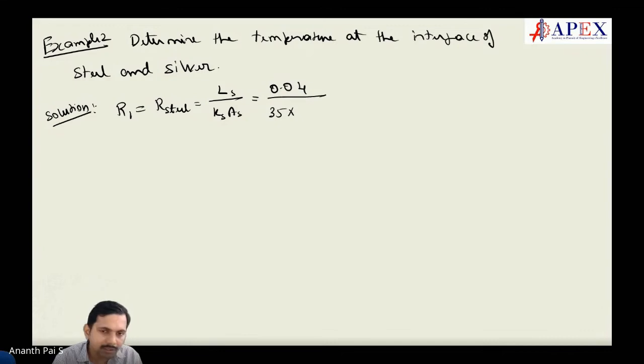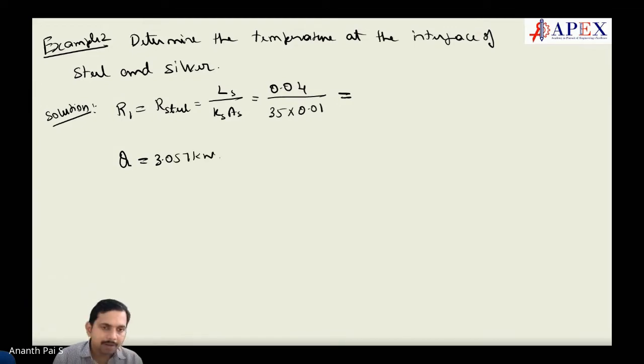What is the area? 0.01. So you get the resistance of the steel, right? Once you get the resistance of steel, you know Q. Anyhow, Q is the same. Q is equal to 3.057 kilowatt.